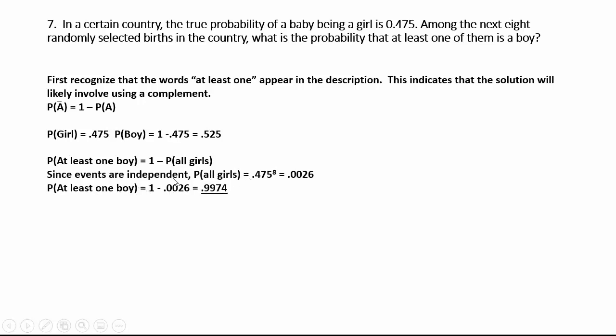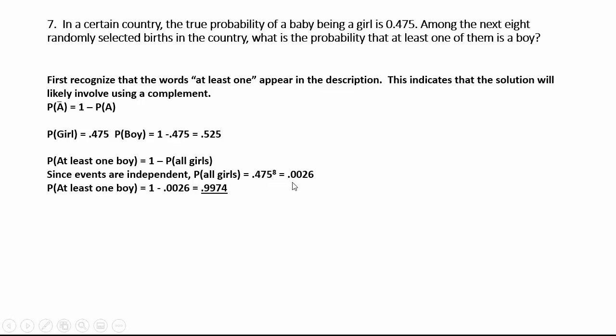Since the events are independent, we can find that probability through the multiplication rule: the first birth was a girl, and the second one was a girl, and the third, and so on. So I take that 0.475 of having a girl and raise it to the 8th, because there were 8 different births we're looking at. That's our n.